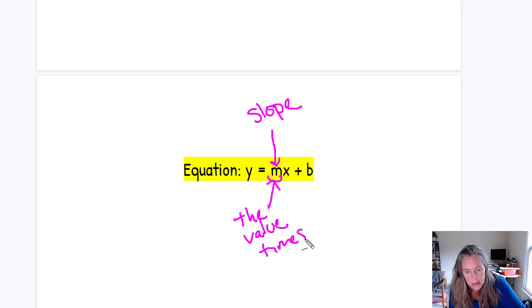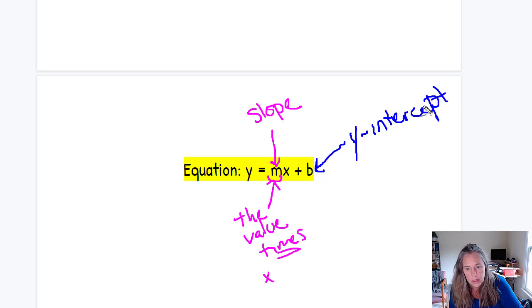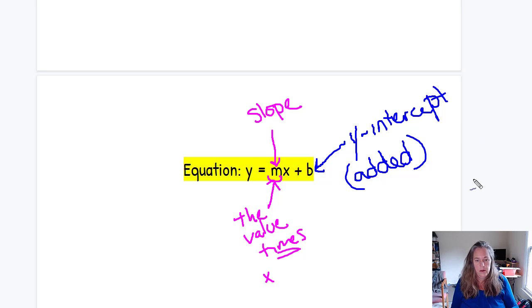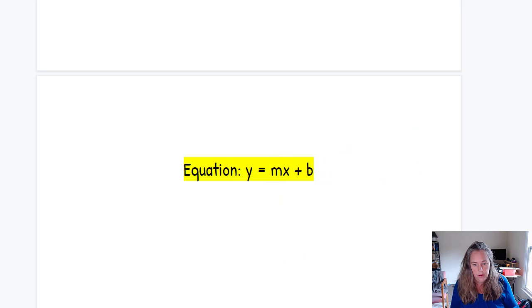Slope is times. And then b, you can remind yourself, is the y-intercept. It is the thing that's being added. Go ahead and pause and take those notes, and when you're ready, we're going to move on.